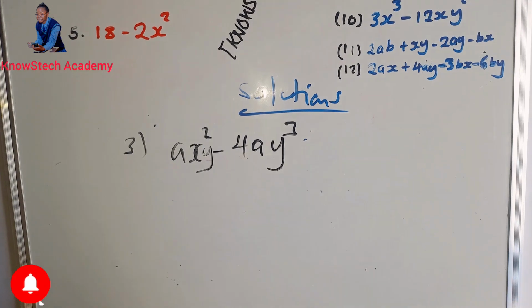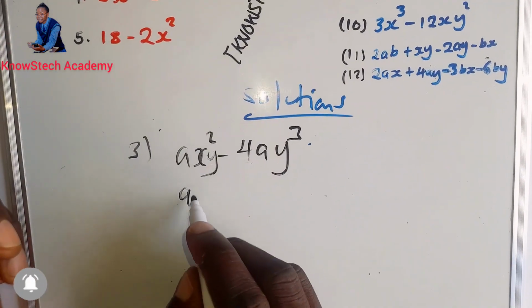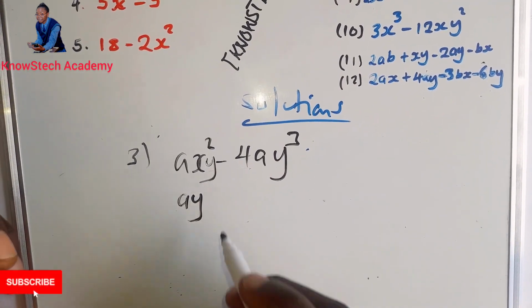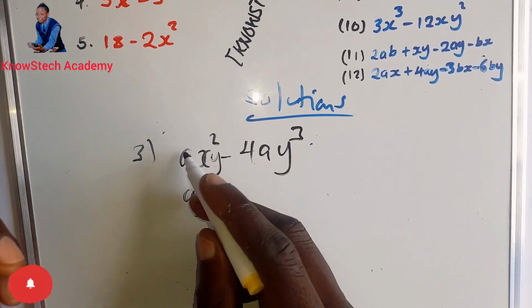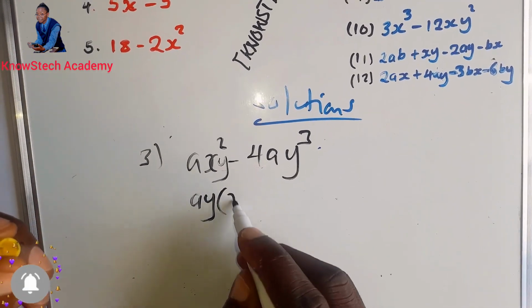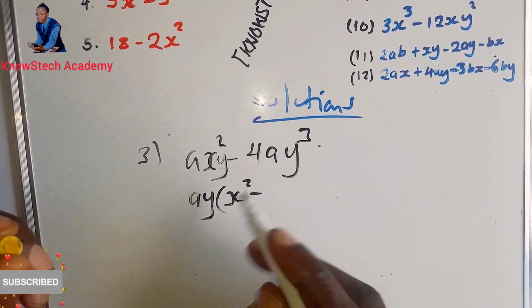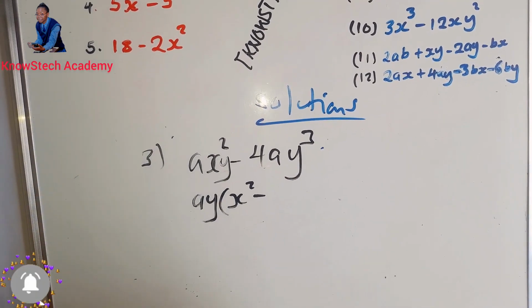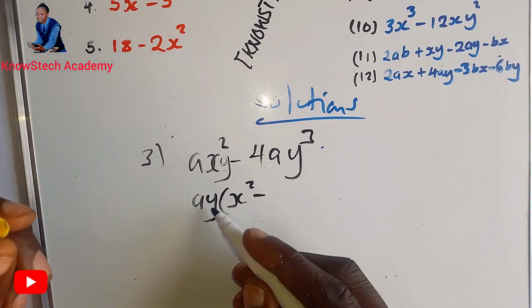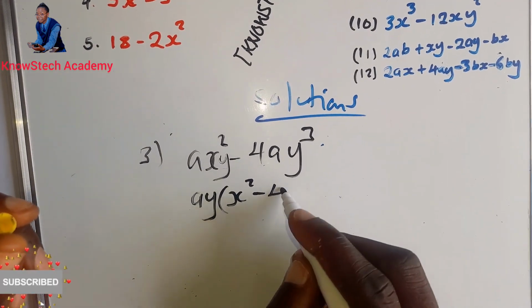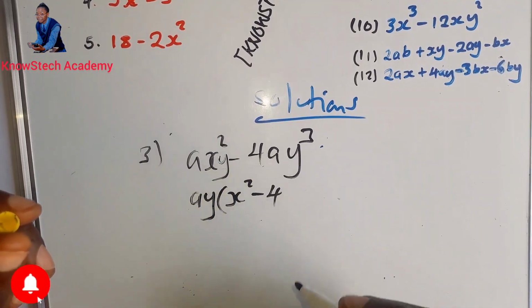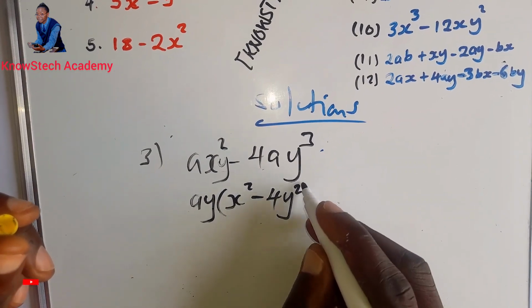So ay is common. So we're going to write ay outside, open bracket, a and a will cancel, y and y will cancel, remain with x squared inside, minus a and a will cancel, but don't just cancel them, just know that you're going to divide them. Y, so we have 4, y into y to the power 3, remain with 2 y's.